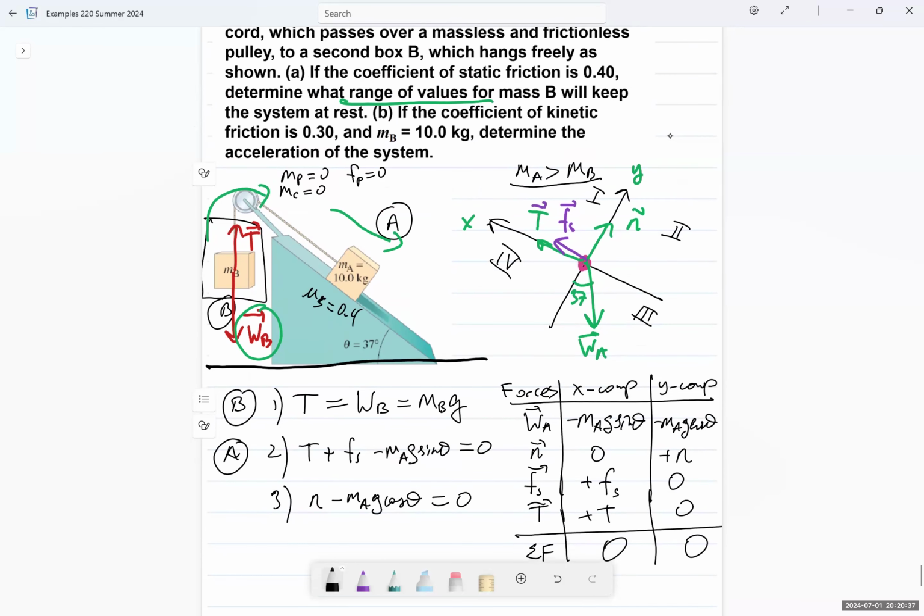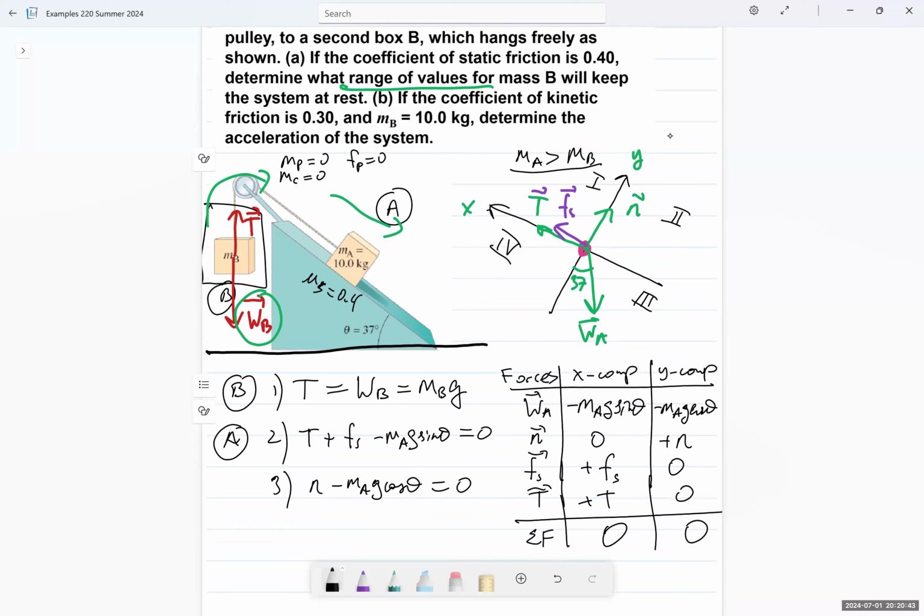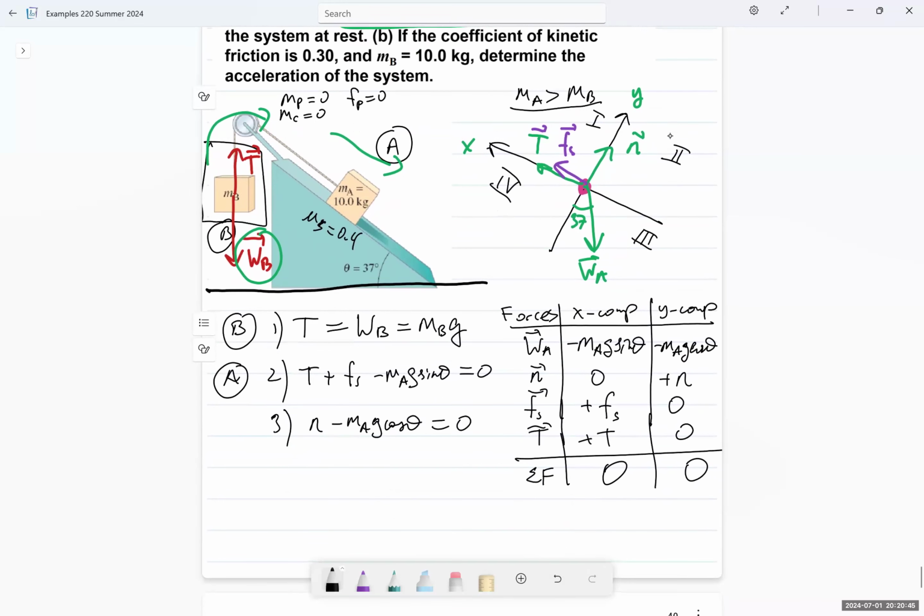Remember, our goal here is to find mass of B. It helps that the system is in equilibrium, and that the tension equals the weight of B. So if I go back to equation 2, I can replace that.